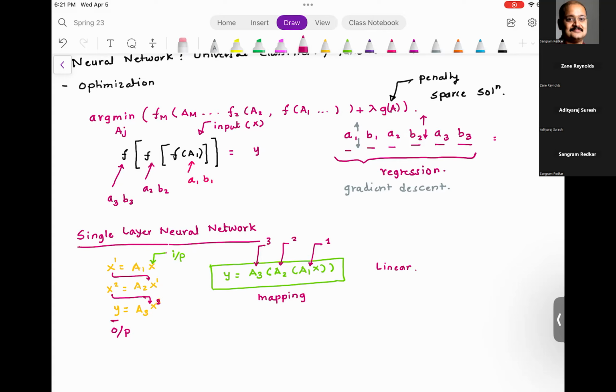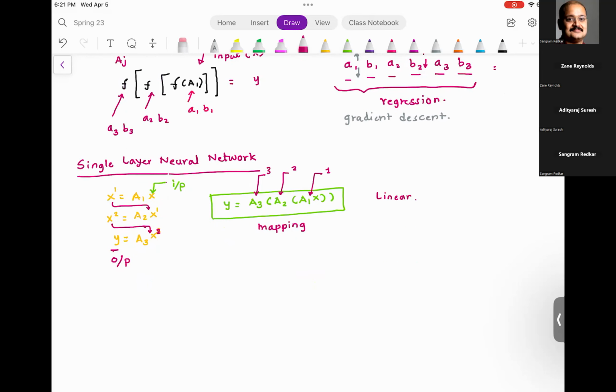If you want to look at the structure, this mapping can be drawn as follows. You have this initial layer, or these are the initial inputs.